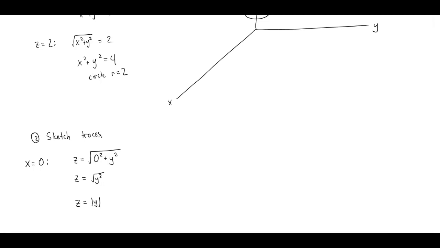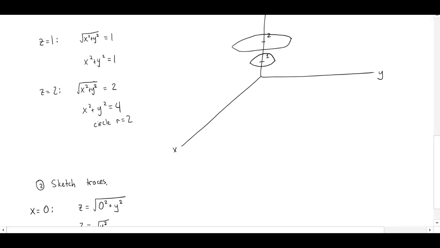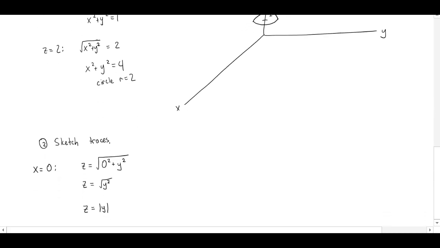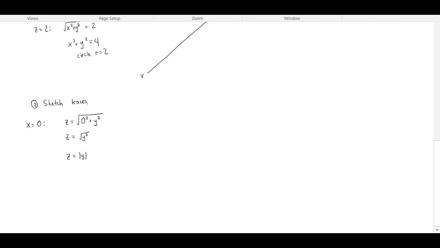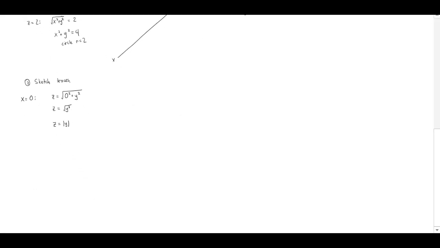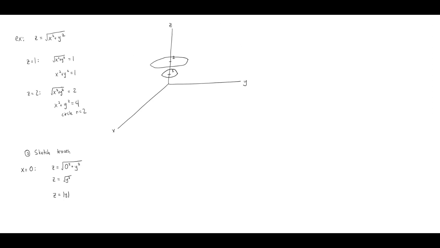Okay. So let's think about what this means in our picture. I'm going to try to zoom out a bit. Okay, so x equals 0. This corresponds to the yz plane, all right, when x equals 0.